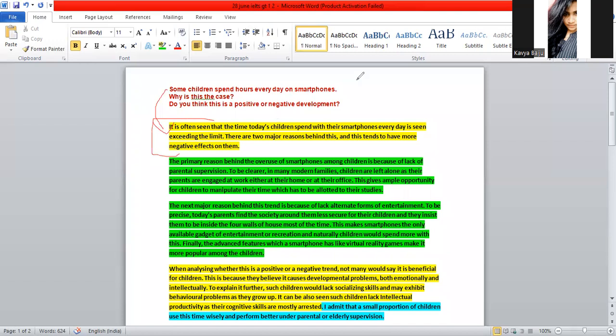So we generalize the situation: it is often seen. Today's children, that is the time frame. Then the topic: the time they spend with their smartphones every day is seen exceeding the limit.